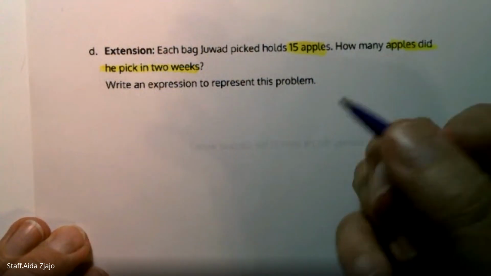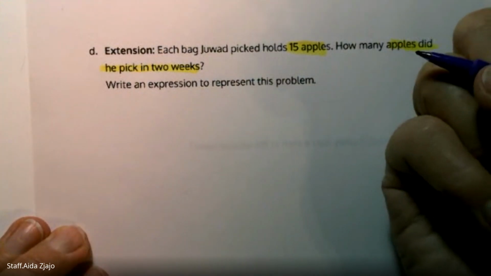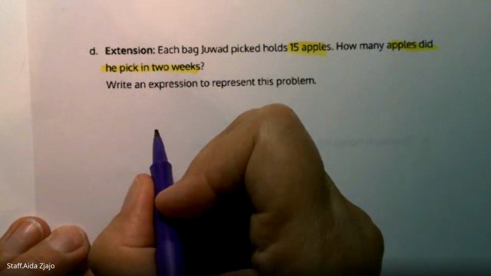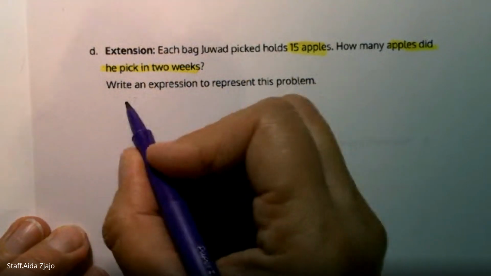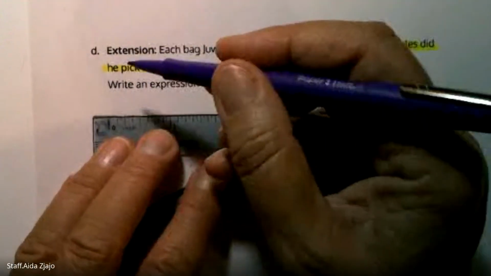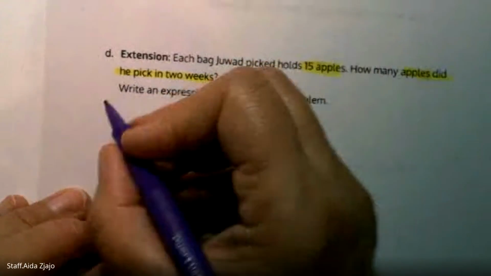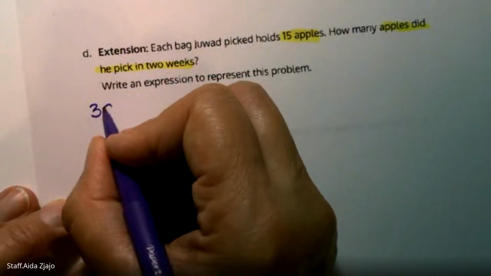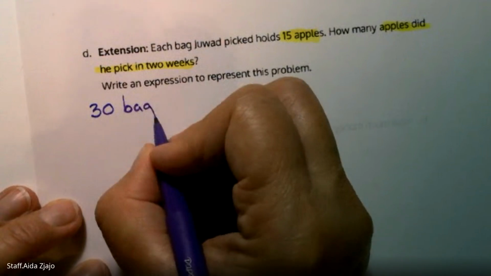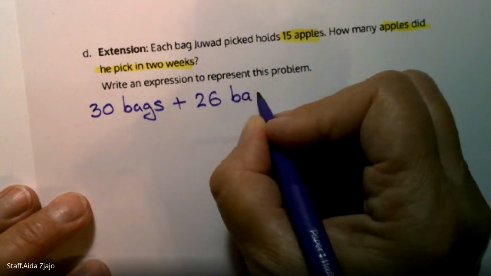So imagine that each bag has 15 apples, but then we had 30 bags plus 30 bags plus 26 bags.